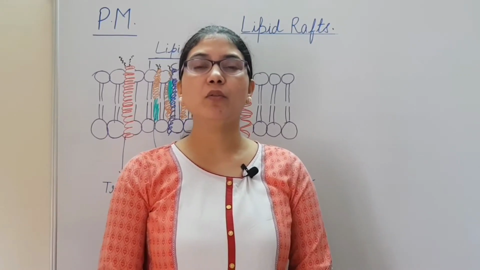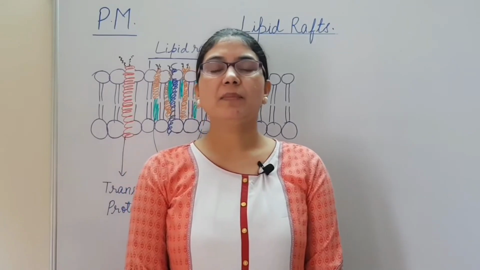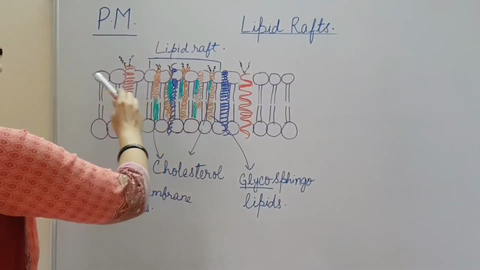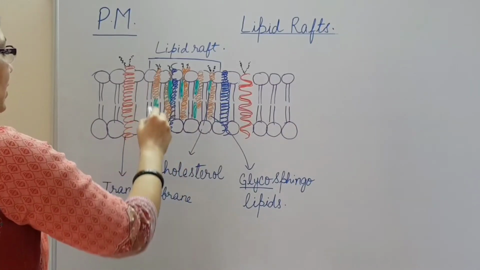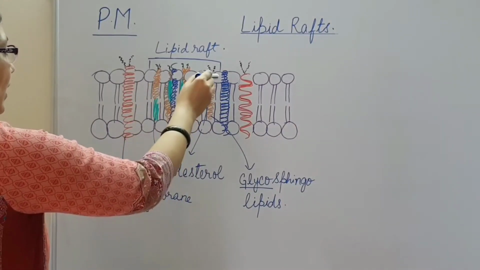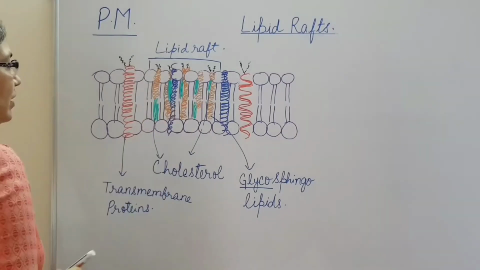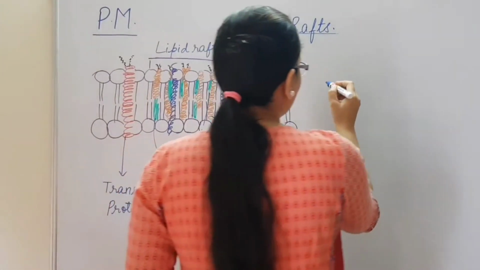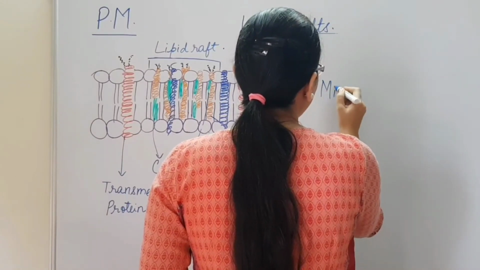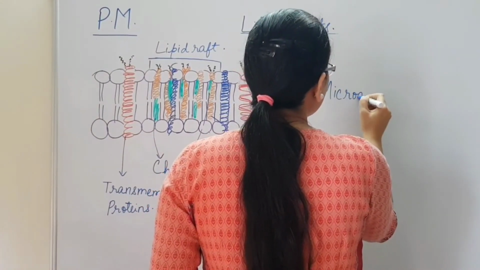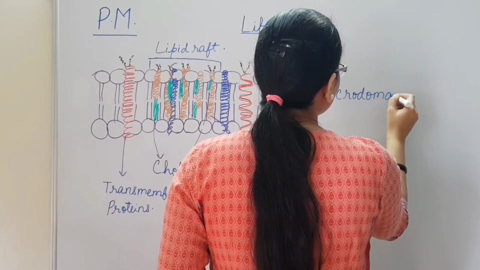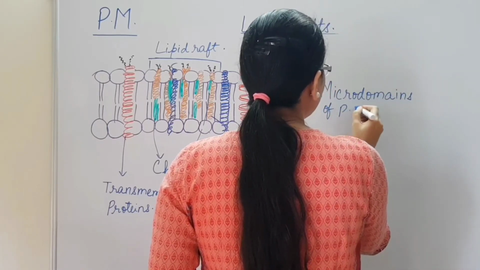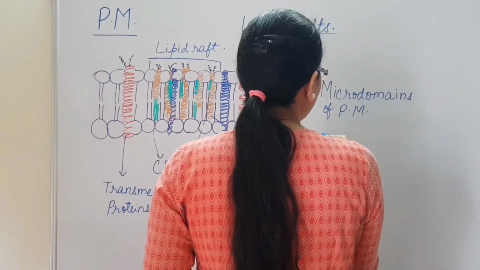These are microdomains that also contain specific proteins. Here we can see the phospholipid bilayer. At this region, cholesterol and glycosphingolipids are present. This is known as lipid raft. These are microdomains of plasma membrane.